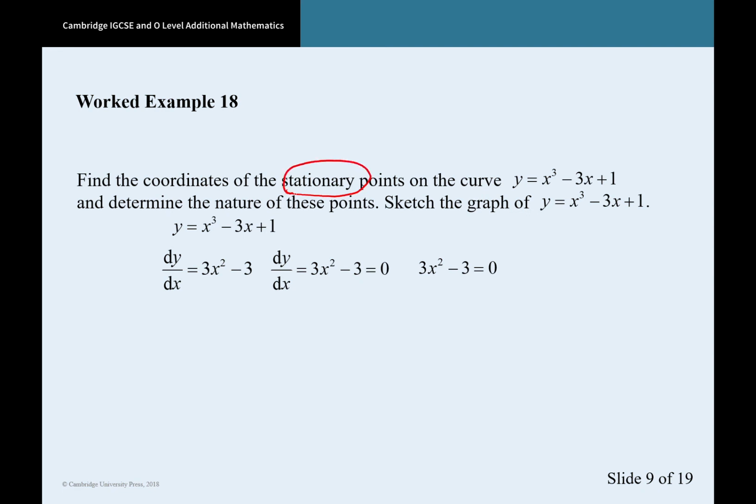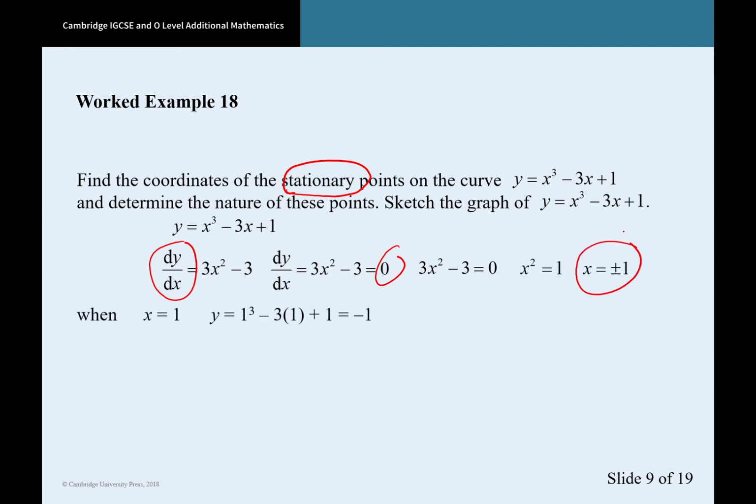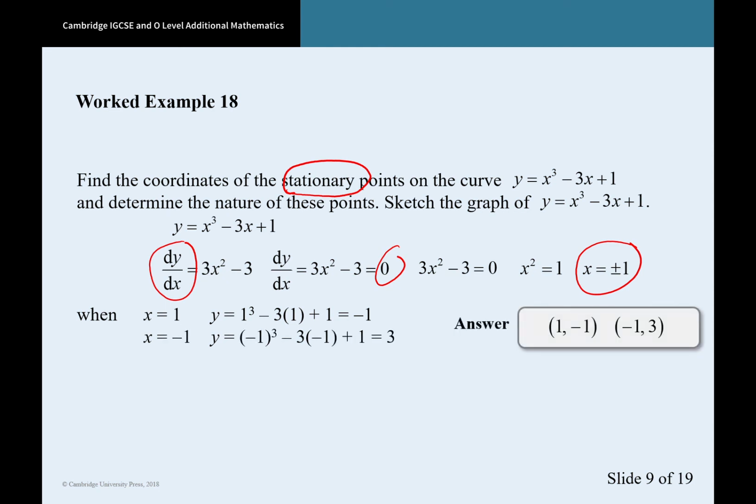To find the coordinates of the stationary point, first, find dy dx and then equals to 0. And then, find the value of x. Once we get x, substitute into your y, and then we get the coordinates of the stationary point.